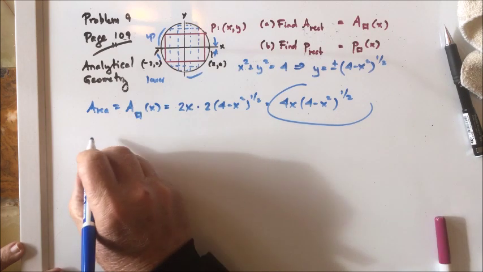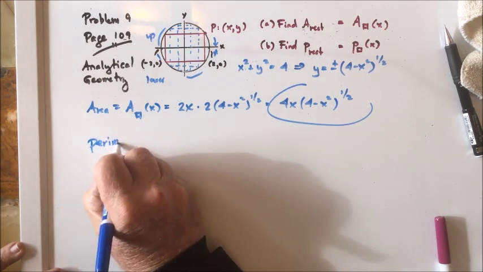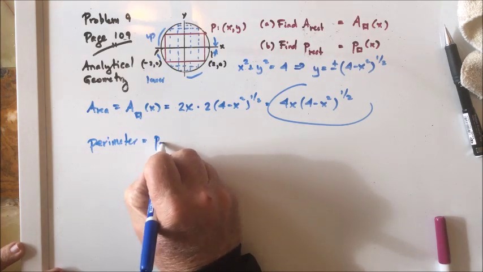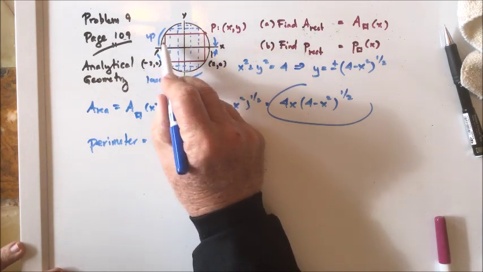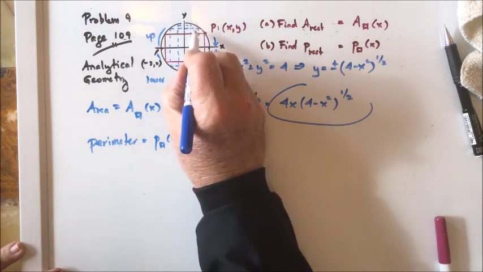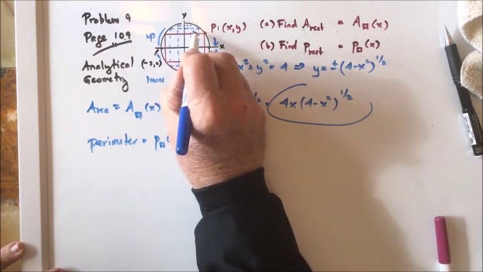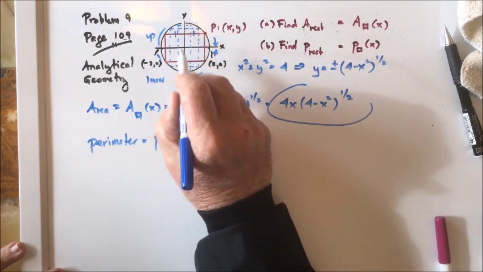Okay, we've got part of the problem, and we're going to do the perimeter in exactly the same way. We can call this P sub box of x. The perimeter now is the lengths of all of these sides. I've got this side made up of x, another x.